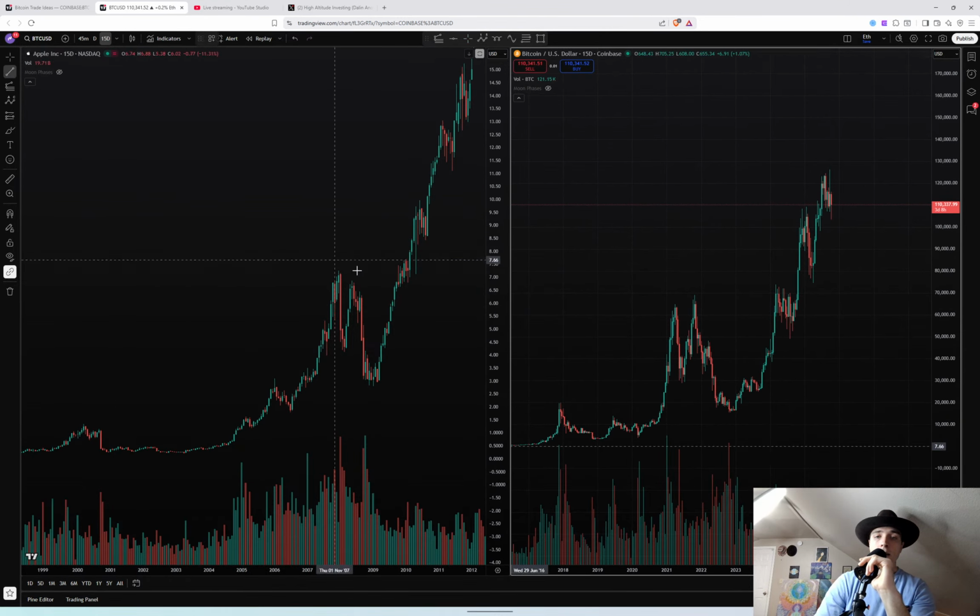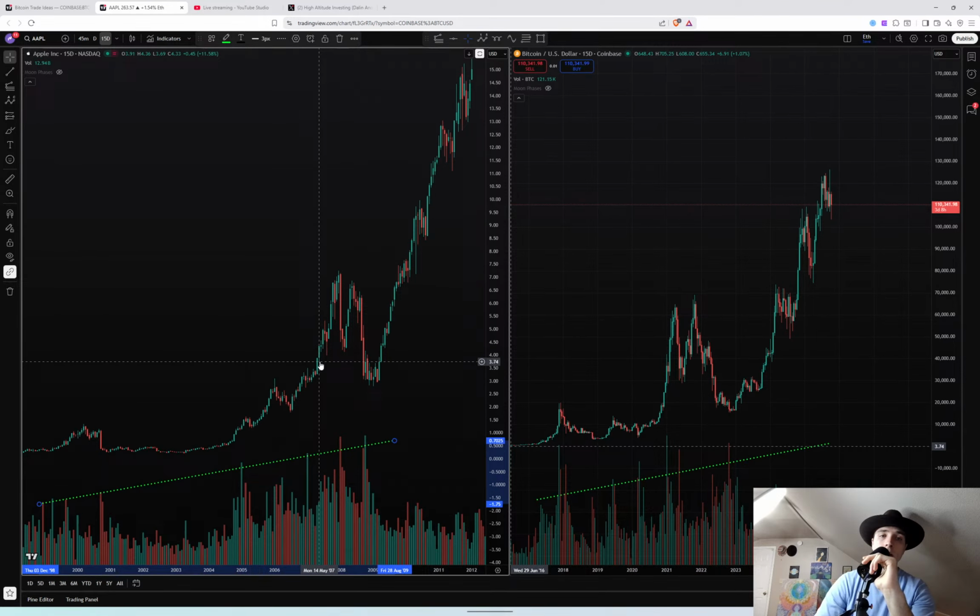Just looking at the volume, the conditions, and what happened in history with Apple being a new technology, computers and all of the innovation Apple did, and Bitcoin and crypto being a new technology that's innovating and changing the world, in terms of what's happening in history, it's pretty similar.